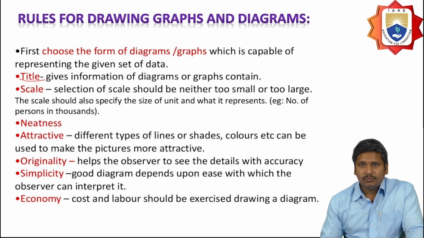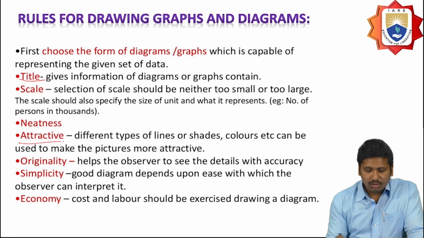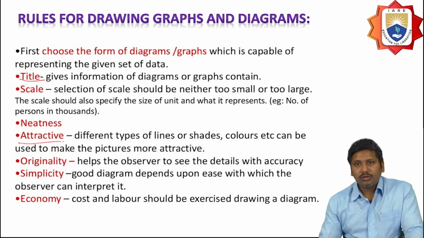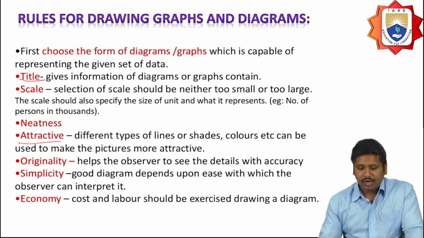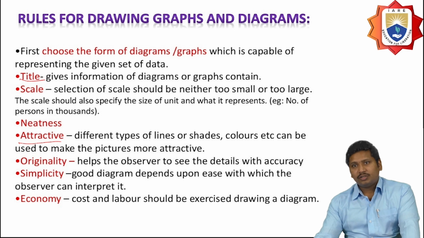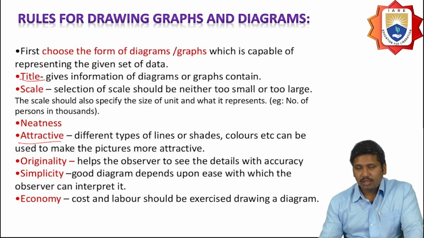And then attractiveness. Attractive in the sense that you can represent different types of lines, shades, or colors to make the picture more attractive. Suppose, instead of a black line, I can give different lines, different shades, or different colors, so that the presentation is very attractive.